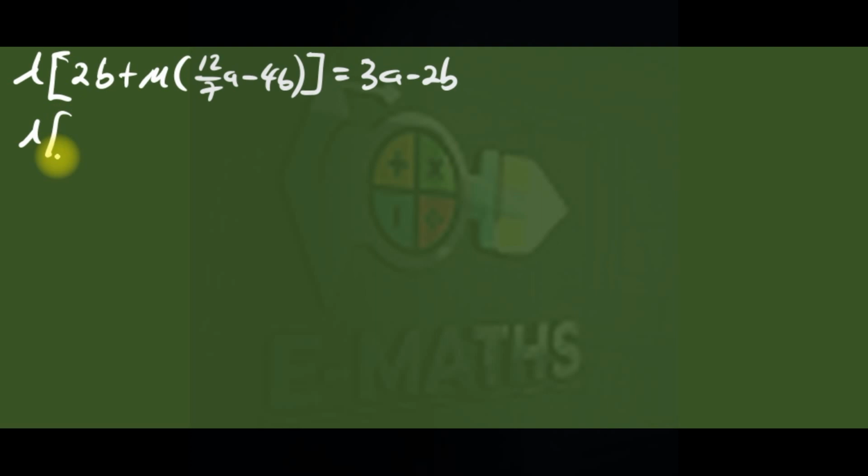There is b here, there is b, so we have 2 minus 4 mu times b.